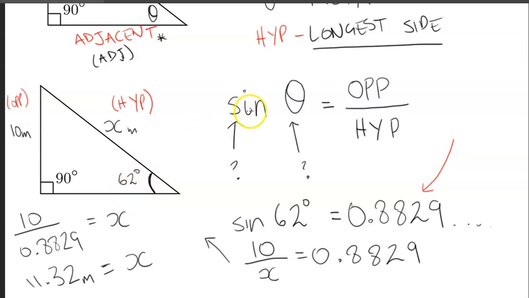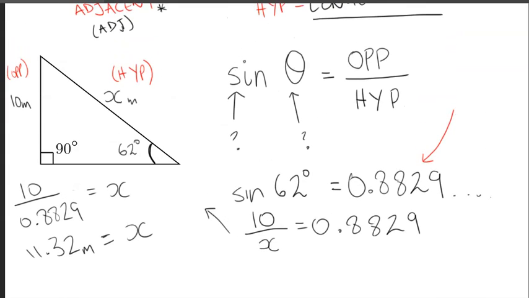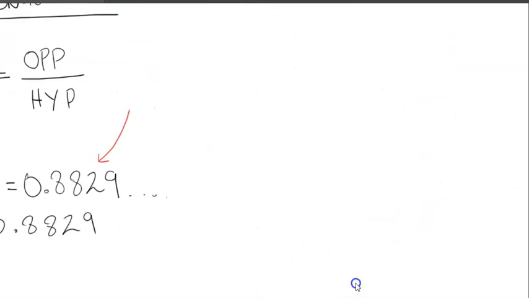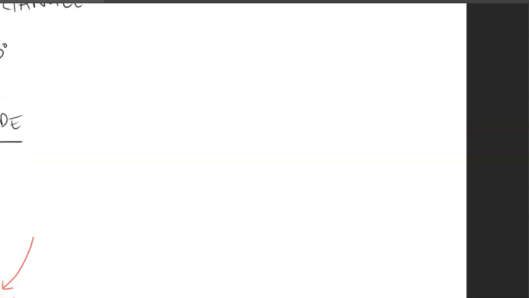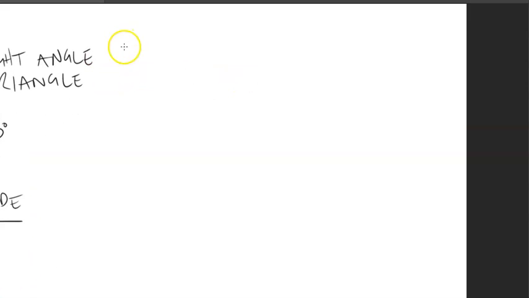Now, this sine theta business is just a completely new terminology. So I can give you different examples, okay? If I were to get this triangle again, I'll just roughhouse it.